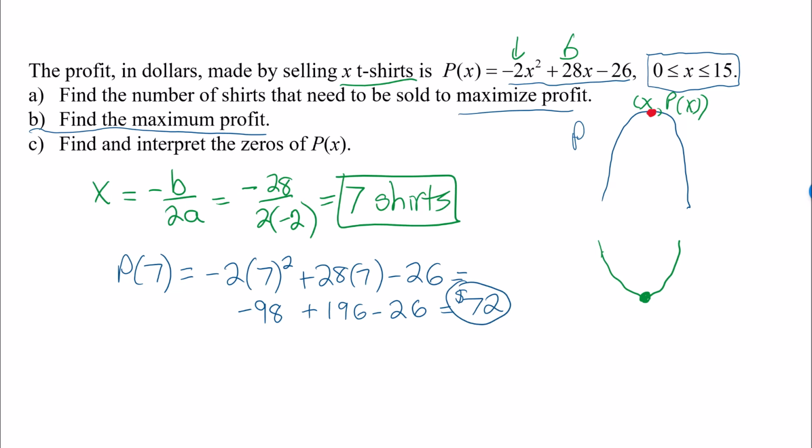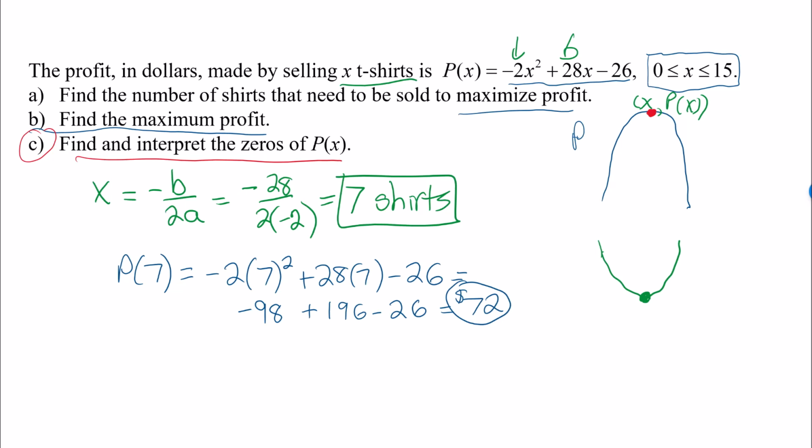Now let's look at part C. Find and interpret the zeros of this polynomial. Finding the zeros means to find out where this polynomial equals 0, and then we will interpret what that means.